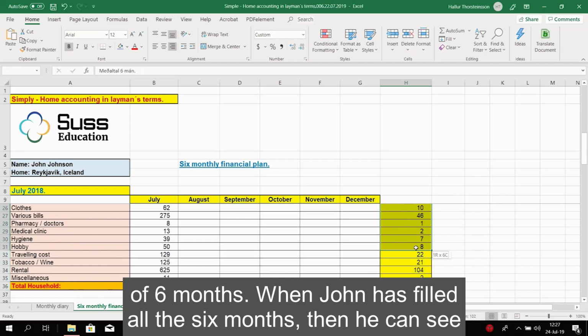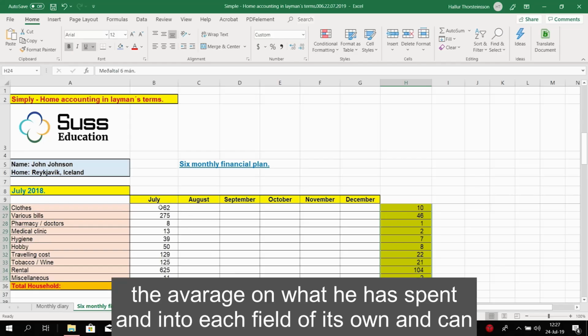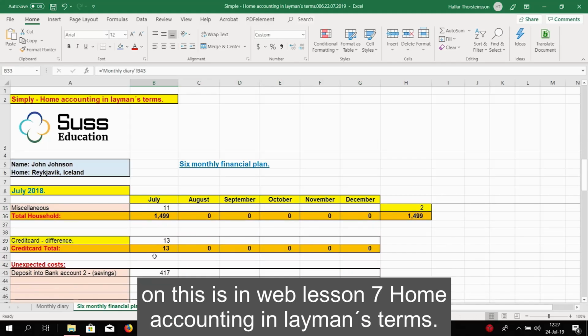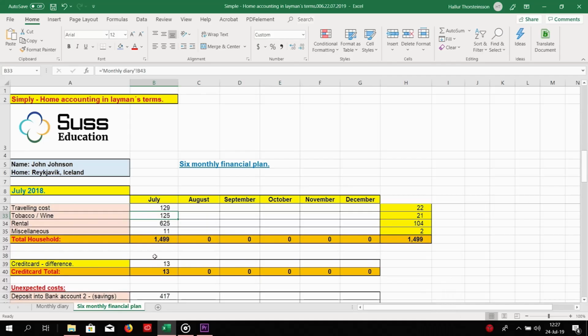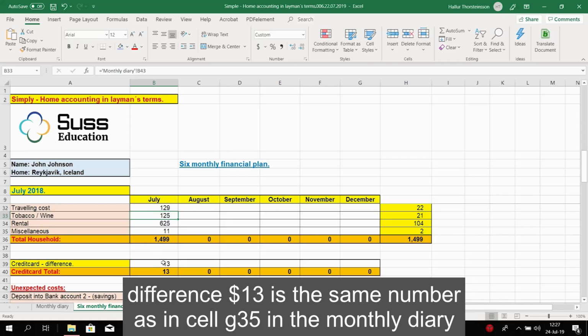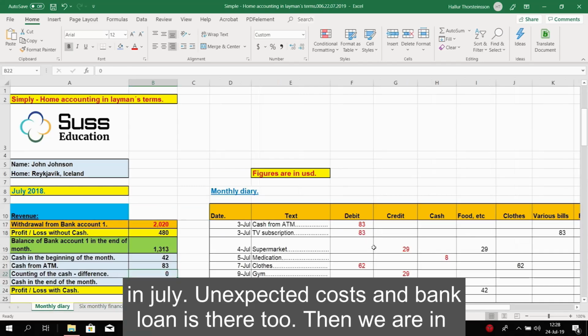When John has filled all the 6 months, then he can see the average of what he has spent in each field of his own, and can have that as a rule of thumb for January 2019. There is a good description of this in web lesson 7, Home Accounting in Layman's Terms. Also there's a good description of how cash flow works. Credit card difference $13 is the same number as in cell G35 in the monthly diary in July.